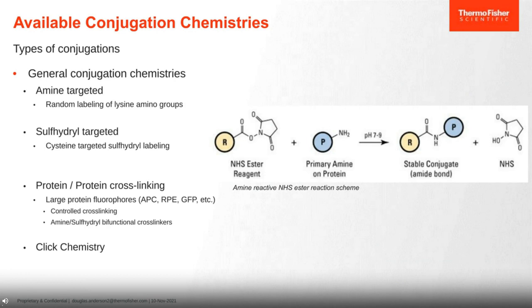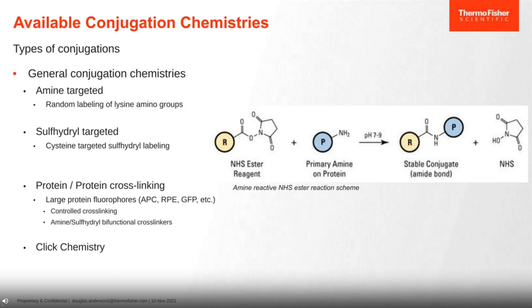First, you have your amine targeted, so these are reactive compounds that are targeting the lysines in proteins or any free amino groups if you're looking at a dextran or a glycan. You have sulfhydryl targeted reactive groups, which target the cysteines in proteins. Then you have cross-linking reactions that are generally used to cross-link proteins to make protein-protein conjugates.